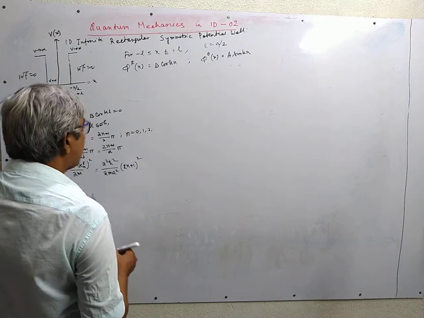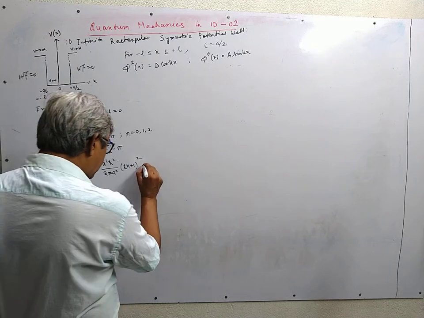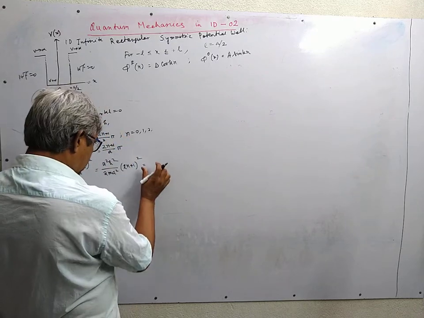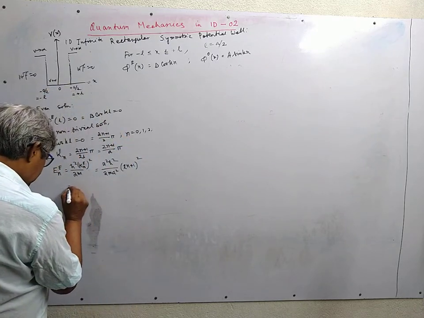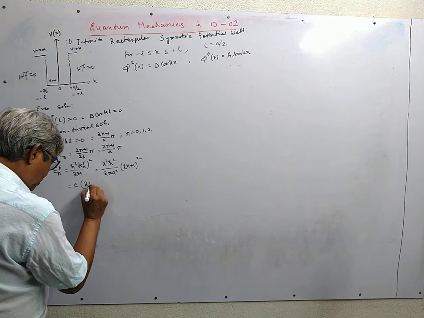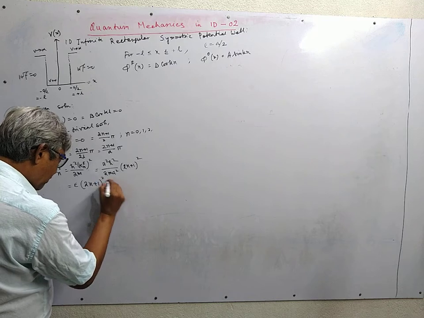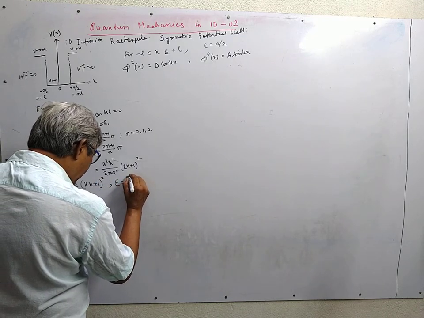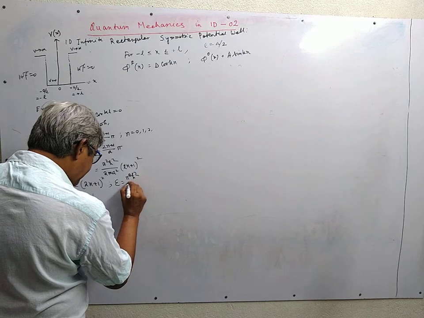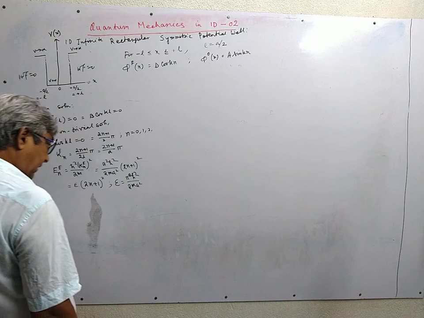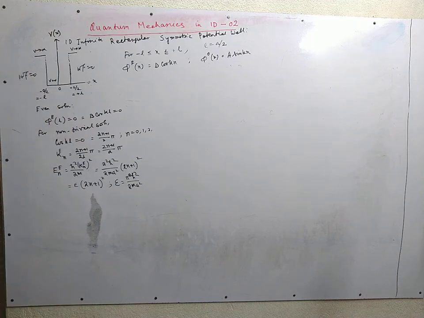If you remember the definition of epsilon, the quantization unit we used for the asymmetrical well, in terms of epsilon it is (2n+1) whole square, where epsilon is pi square h line square by 2ma square, whose value we have calculated for 4 alternative cases in the earlier class.